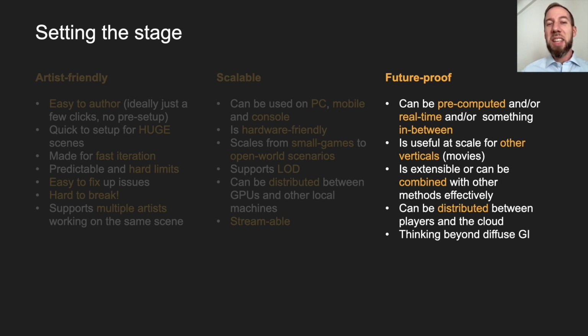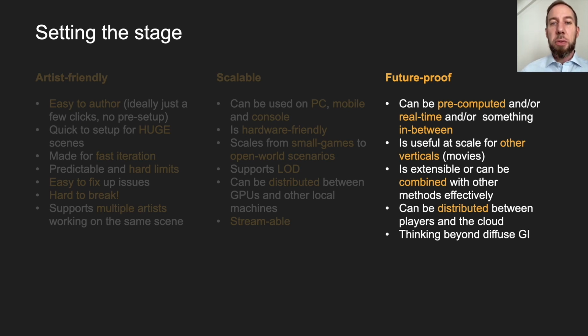In that sense, I think a flexible approach that allows baking, real-time GI, or even something in between would be ideal to handle different scenarios and target platforms. Ray tracing is on everyone's lips, but not yet everyone's phones. So having a fallback to baked only is a good thing to have, even only for optimization purposes.